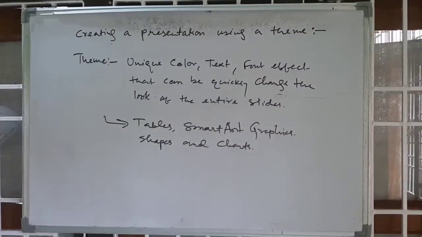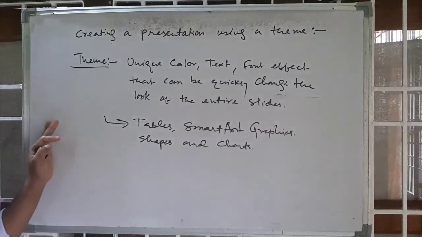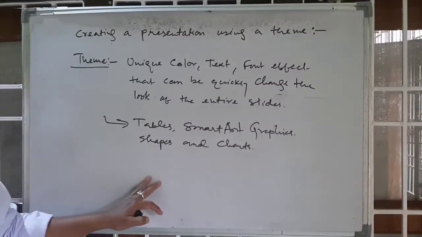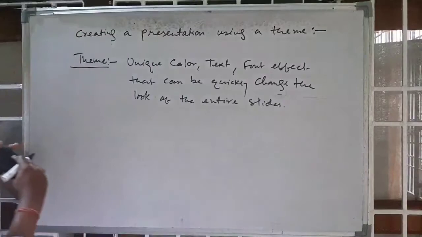To create a presentation using a theme, you have to follow the given steps. If you want to insert a theme, follow these steps; you can see them in the book. First, click the File tab.